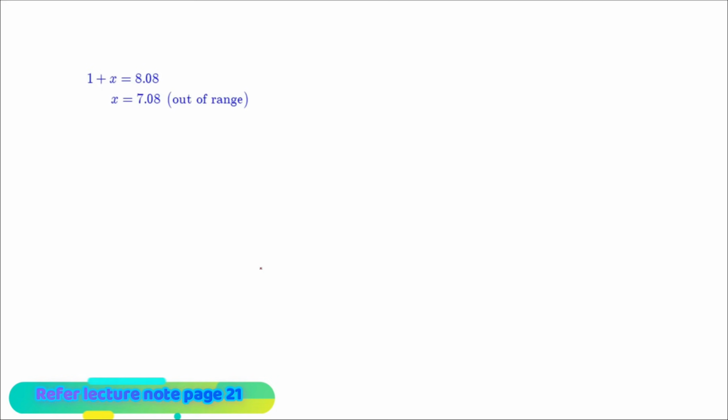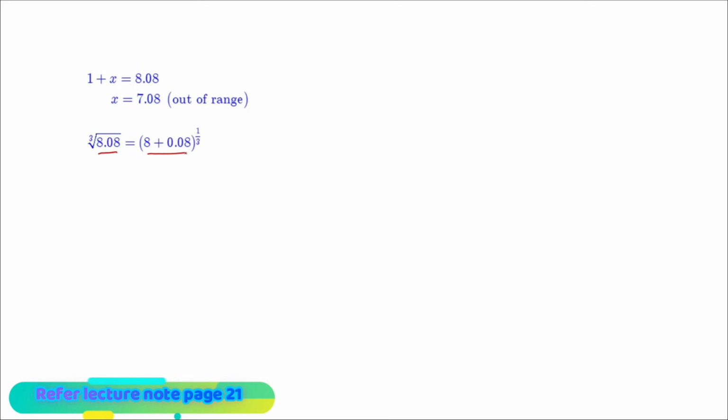So now, we try another method. From the cube root of 8.08, or 8.08 to the power 1 over 3, we write the 8.08 here as two terms, which are 8 and 0.08. Now remember that to use our expansion formula, we have to have 1 in our bracket, which we don't have here.